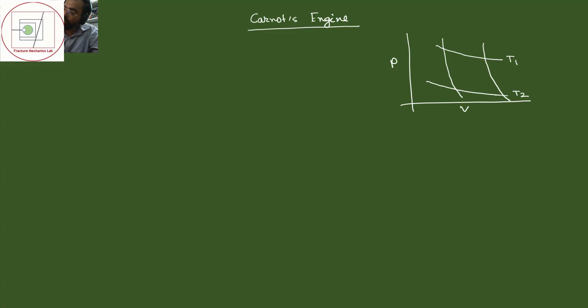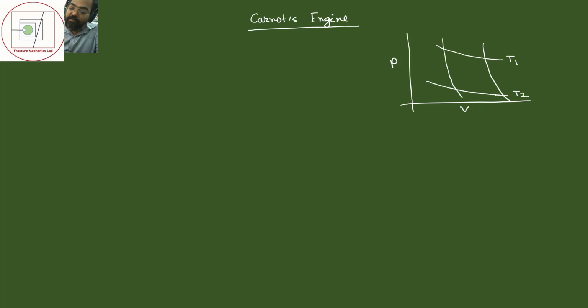Isotherms follow PV is equal to constant because temperature is constant. So for ideal gas, PV is equal to nRT and T is constant, so it becomes PV is equal to nR, which is constant. And for adiabats, it is PV to the power gamma is equal to constant. So it has a steeper slope, and that is what basically the Carnot cycle is.